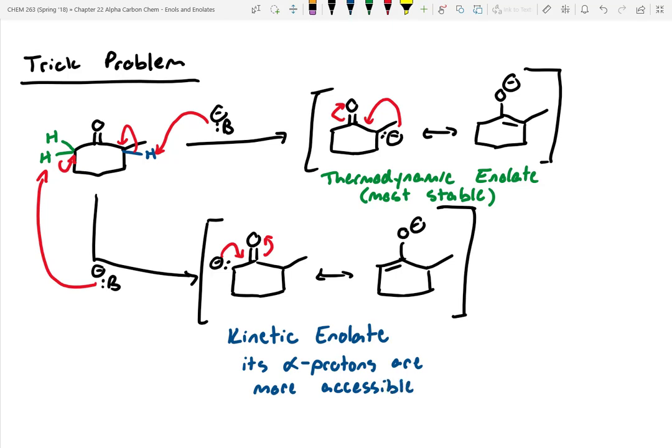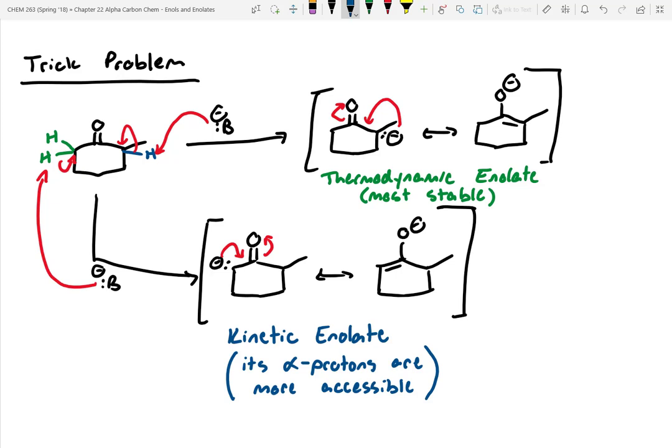I'm going to change my parentheses here. Does that make sense? All right, so let's imagine you've got an itty bitty little base, doesn't take up much room. Which of these enolates do you think will be favored, the top one or the bottom one? Top one, right? So if you're a small base, you don't really care which alpha proton you're going after. You just want to form the most stable product, right?